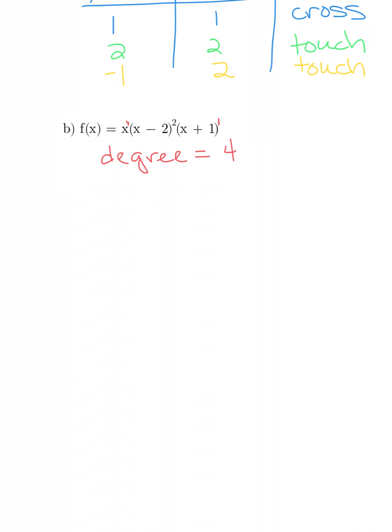If we multiplied that all out, everything is positive, so we would have a positive leading coefficient. When our degree is even and you have a positive leading coefficient, your end behavior both will rise.